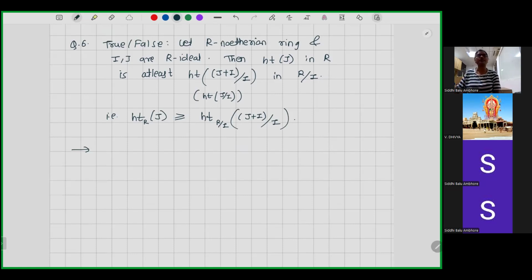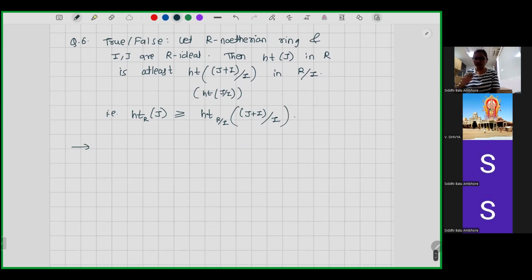So any guesses here on whether this will always be true? At least the intuition, what do you think?